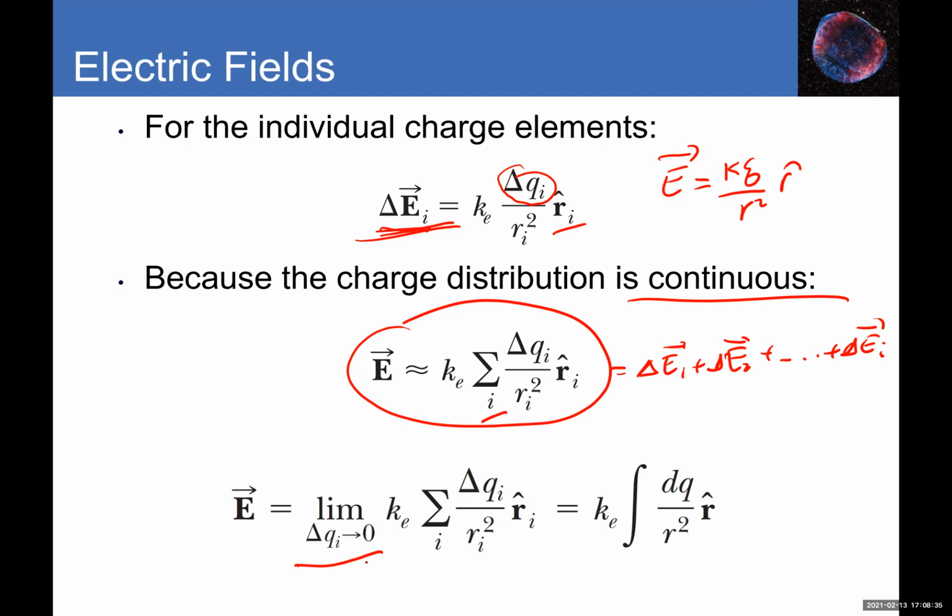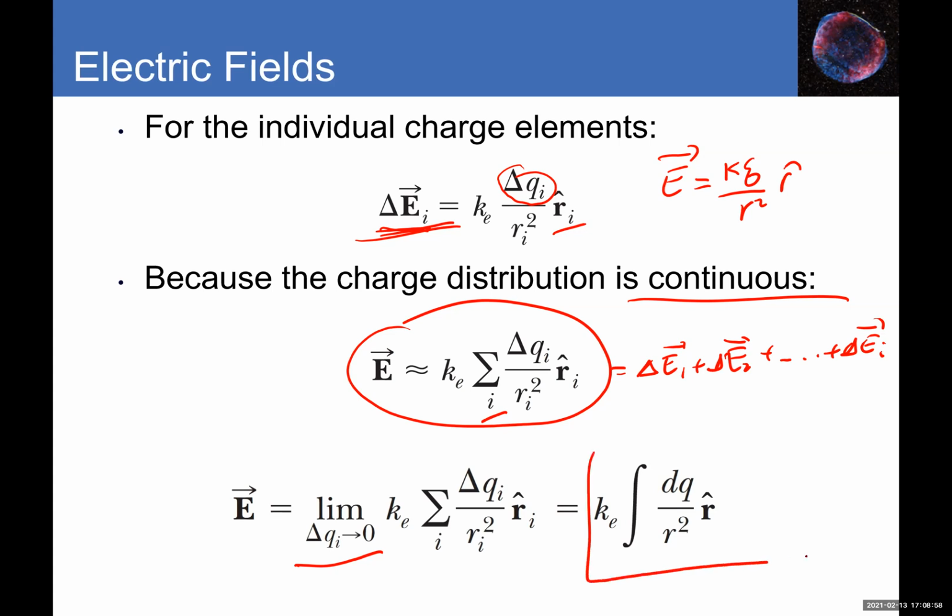That means to find the net electric field at that point P, we need to integrate, where the integral becomes Ke times the integral of dq over R squared R hat. This is the equation for the electric field for the continuous distribution.